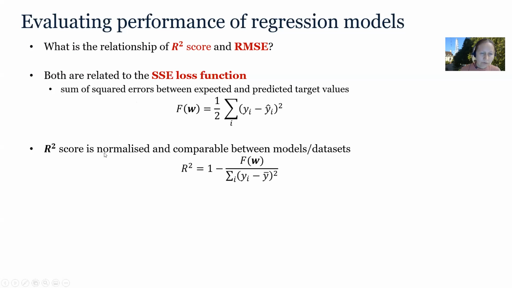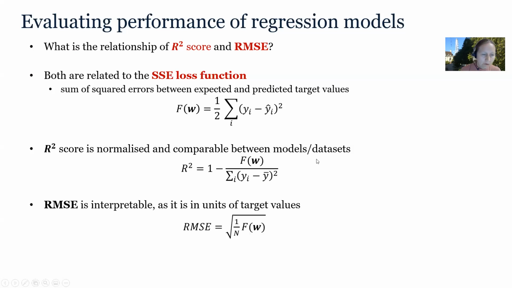But R2 score is normalized and therefore comparable between different models and datasets. On the other hand, root mean square error is interpretable as it is expressed in the units of the target values. In our case, it's age in weeks. But otherwise, you see that these measures are very related to each other.